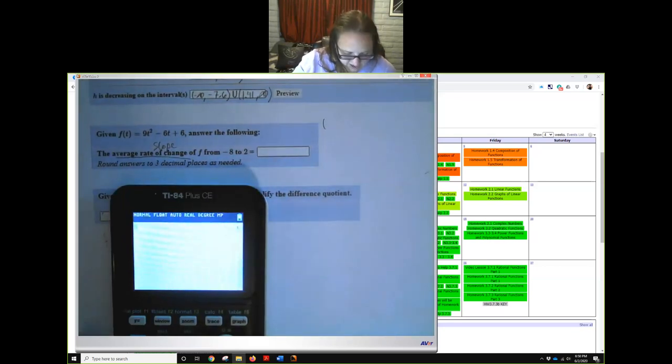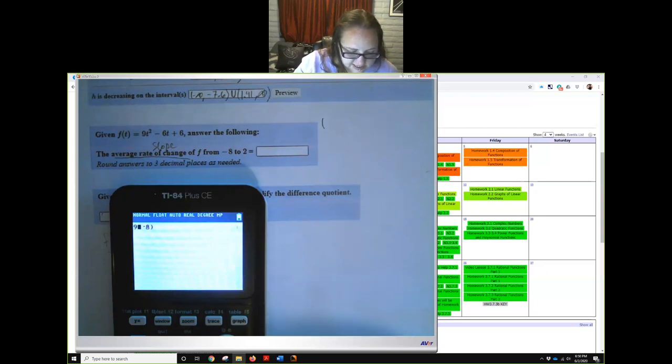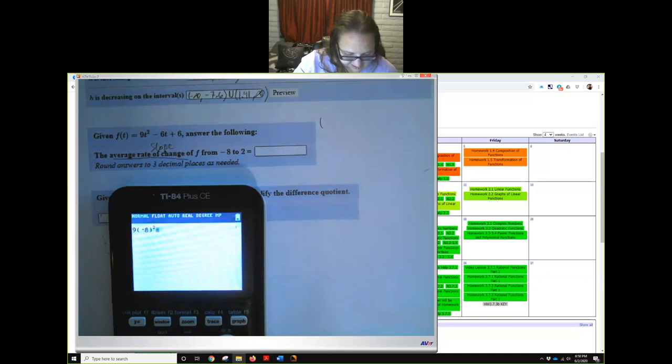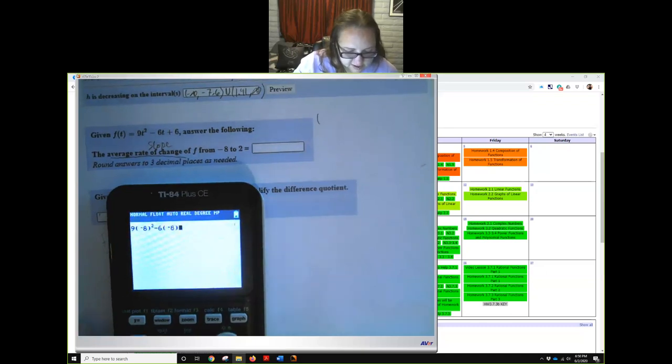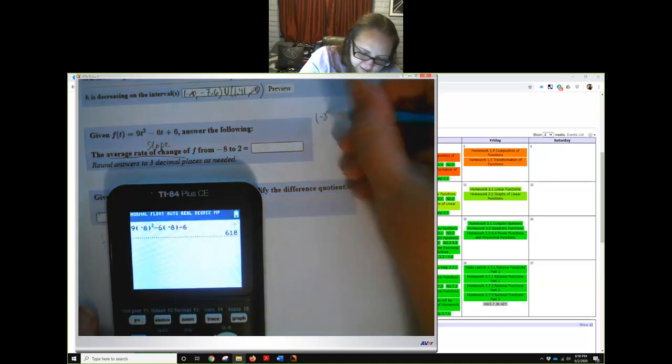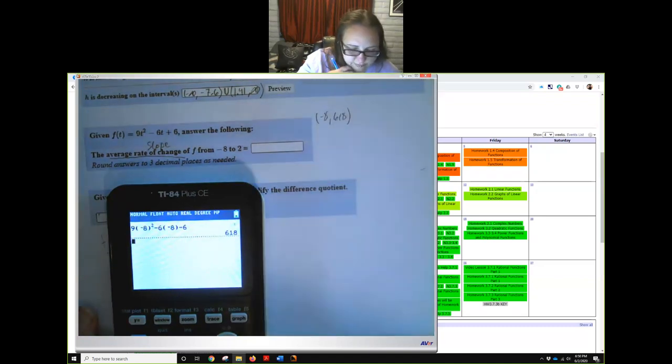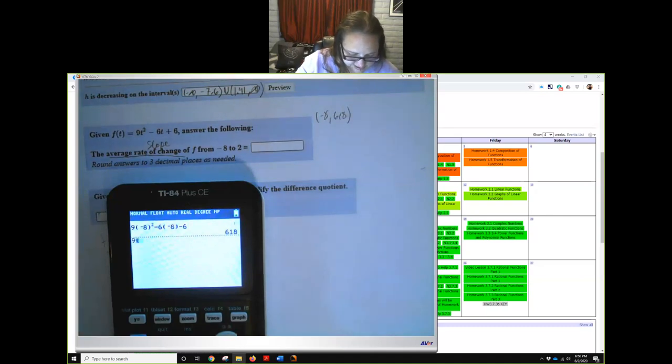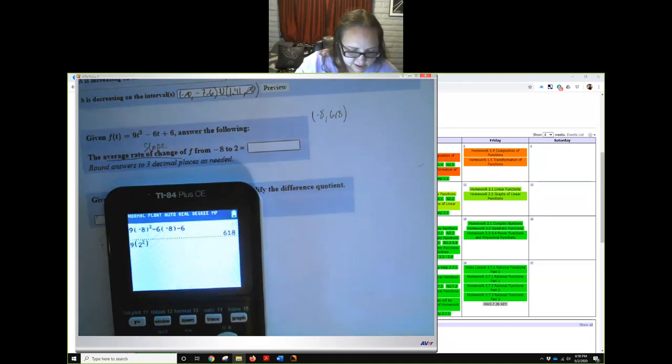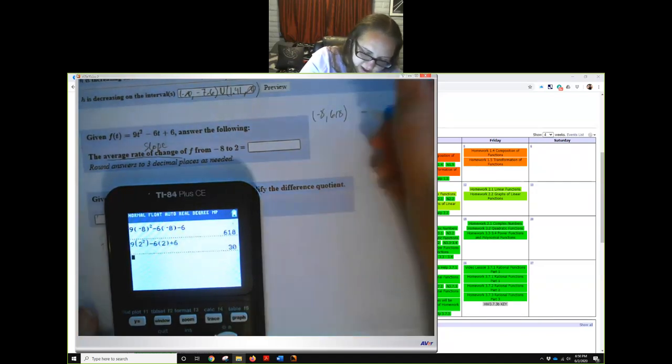Plug in -8, you'll get 9 times -8 squared minus 6 times -8 plus 6. So -8 comma 618. Plug in 2: 9 times 2 squared minus 6 times 2 plus 6, and you'll get 30.